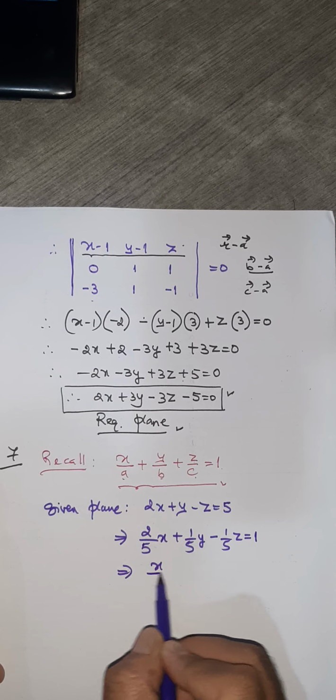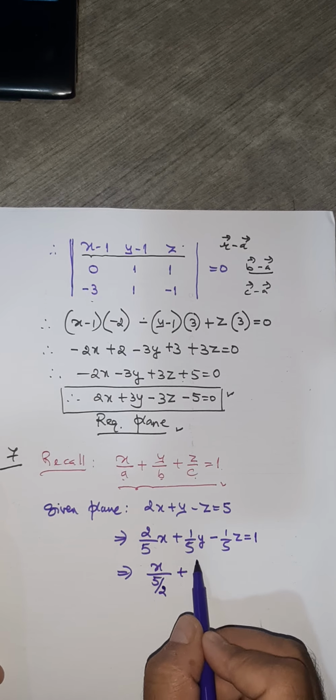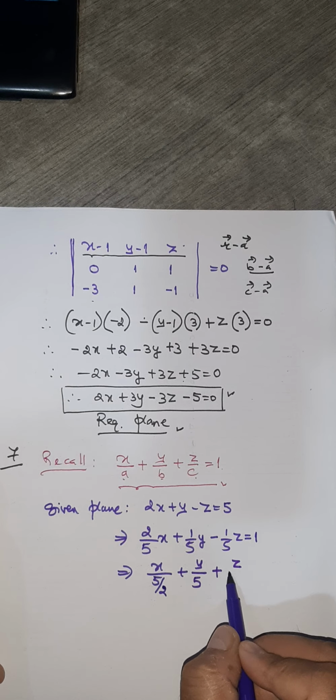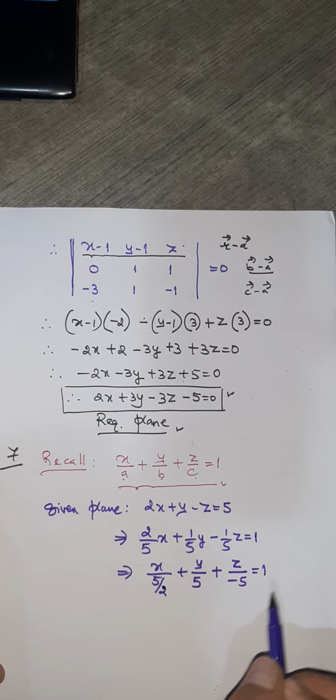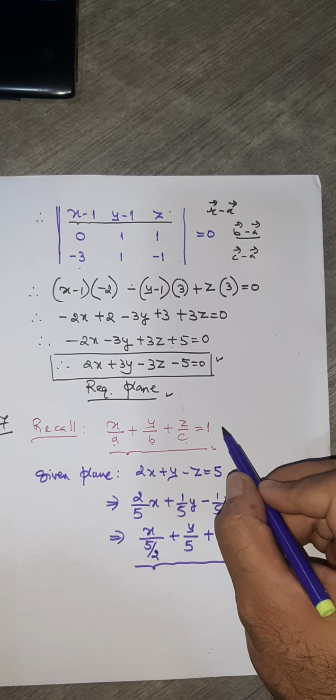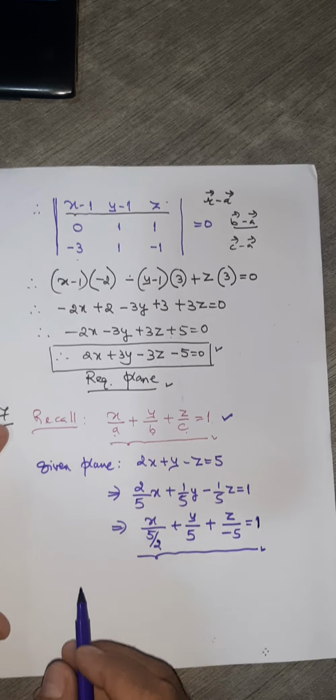I can rewrite this as x upon 5 by 2 plus y upon 5 plus z upon minus 5 equals 1. So you just compare this expression with the standard equation of the plane, and we'll get the three intercepts.